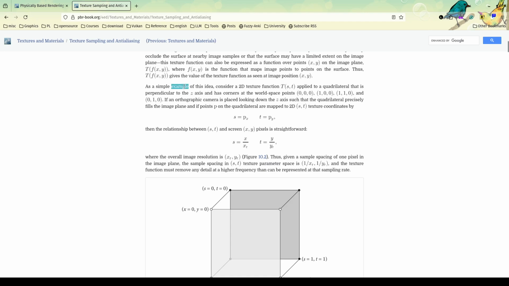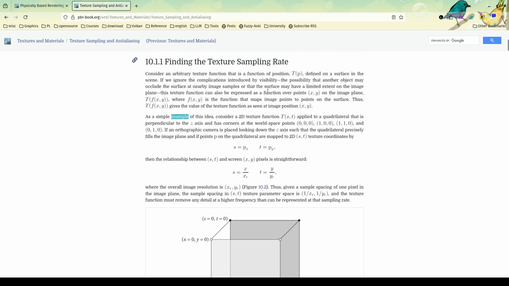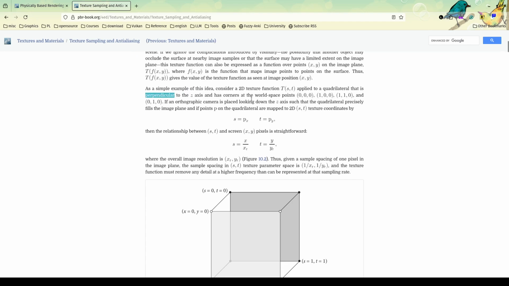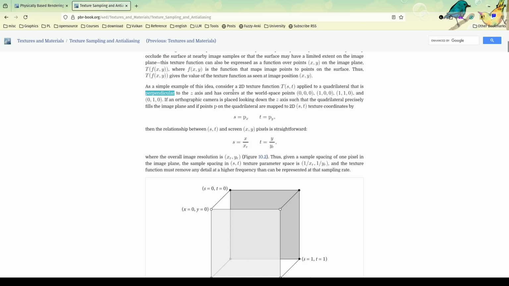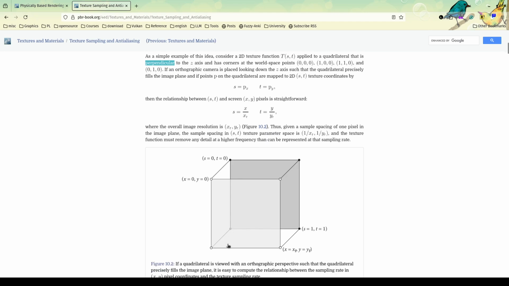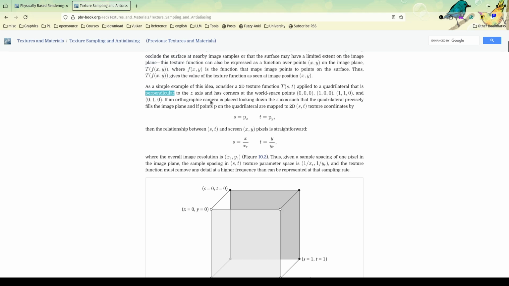So as an example, consider a 2D texture T(s, t) applied to a quadrilateral that is perpendicular to the z-axis and has corners in world space at points (0, 0, 0), (1, 0, 0), (0, 1, 0), (1, 1, 0).